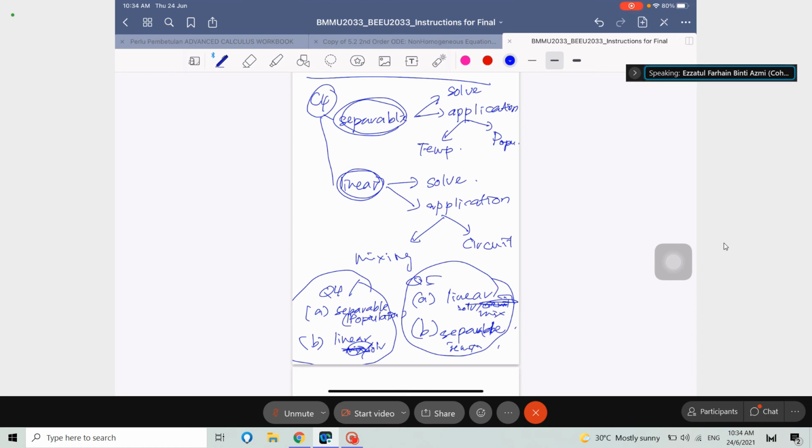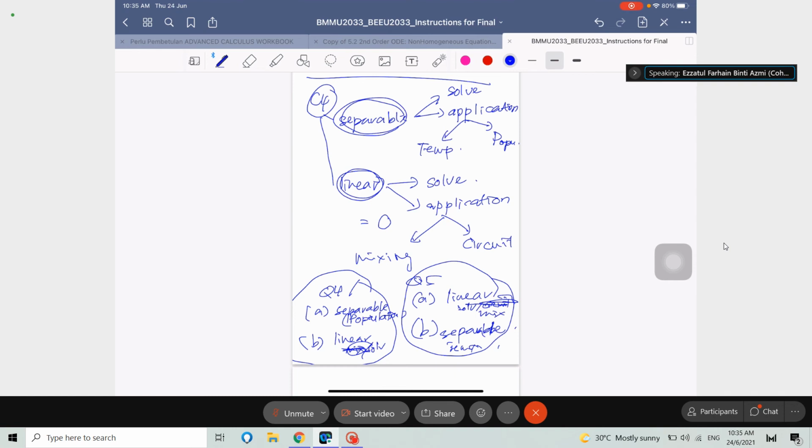However, if the method is not mentioned, let's say like you said, the right side is suddenly zero, you can separate, you can also do linear. There are certain questions that are separable and also linear. You can see in your tutorial, right? There are questions that can be solved linearly and also separably. So if the question doesn't ask what method to use, it's up to you. Both will be accepted.